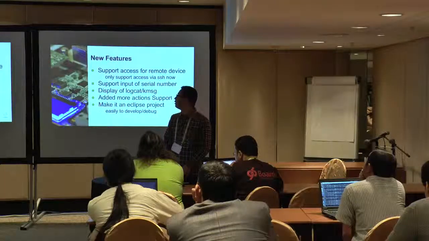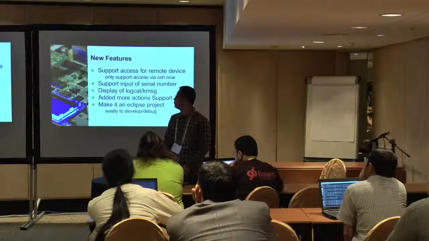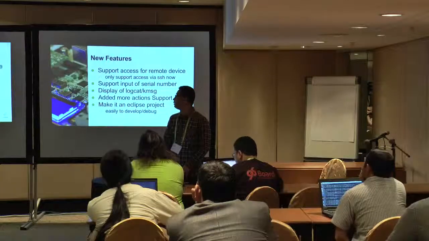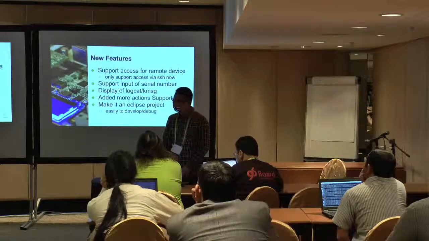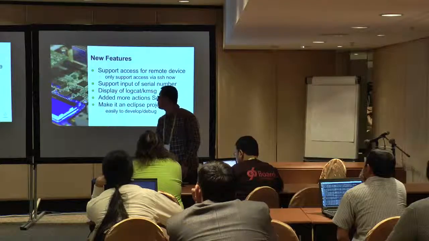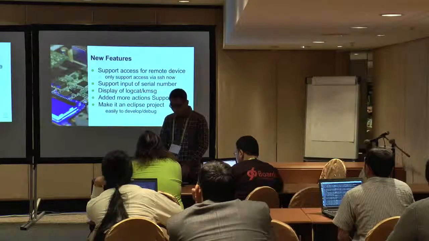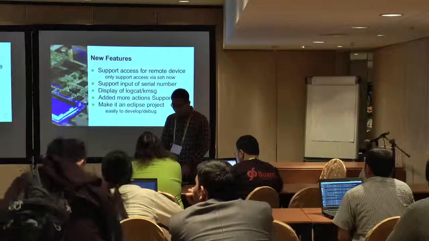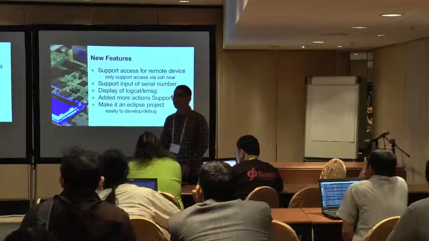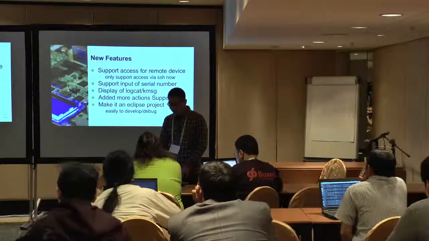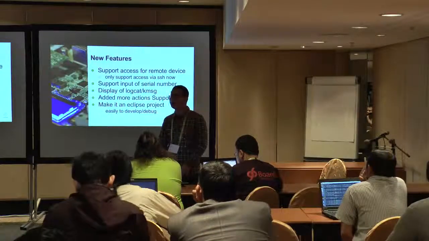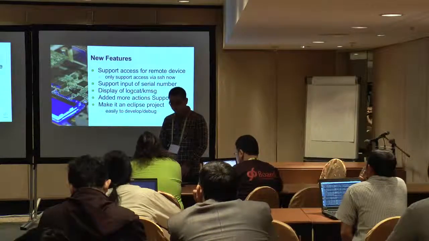Second, add support to input the serial number when we start the tool. This makes it possible to run two Aster instances at one local site, on one laptop. Third, I added a feature to display the logcat and kernel messages for the device, and this will help us check what happens on the device side.